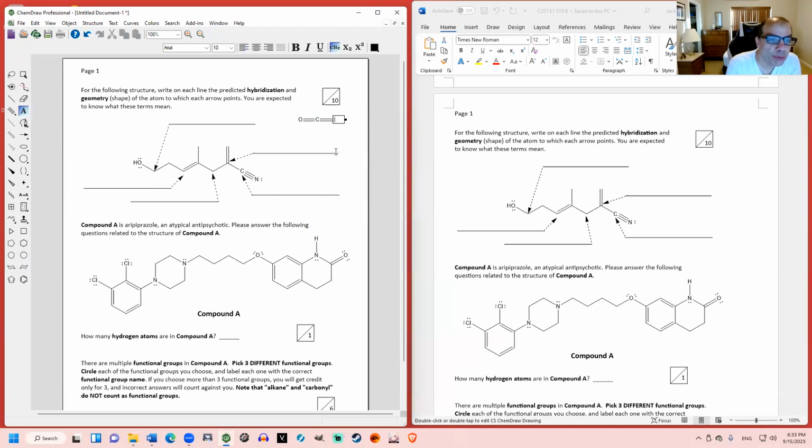So the carbon atom in CO2 is sp hybridized because it has two double bonds coming off it.